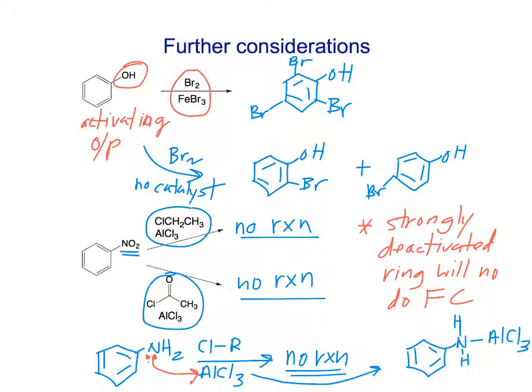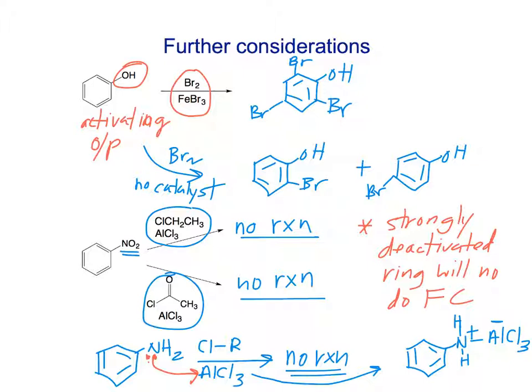And what kind of charges would we have to put on this? Positive on the nitrogen, right? Negative on the aluminum. Okay, so now, if this is the species that's in solution now, is that nitrogen still going to be a strongly activating group?